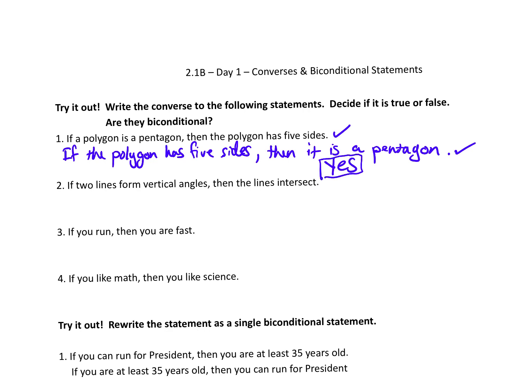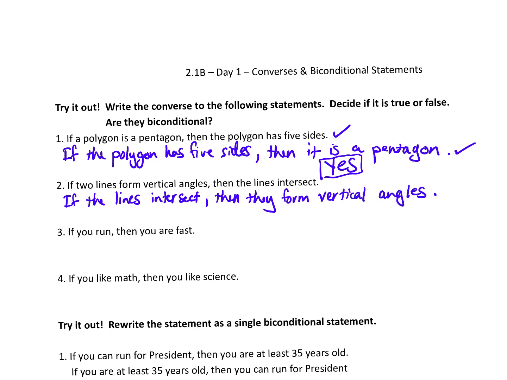Second part, if 2 lines form vertical angles, then the lines intersect. So we can rewrite this as, if the lines intersect, then they form vertical angles.